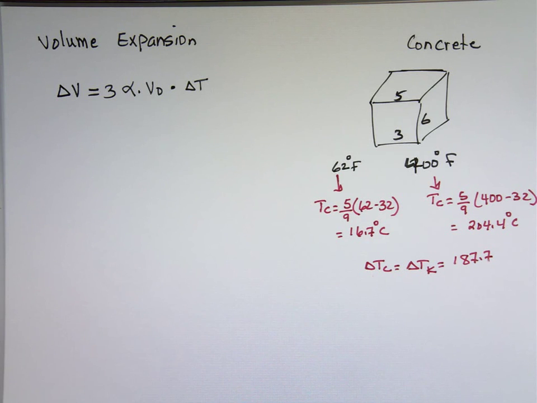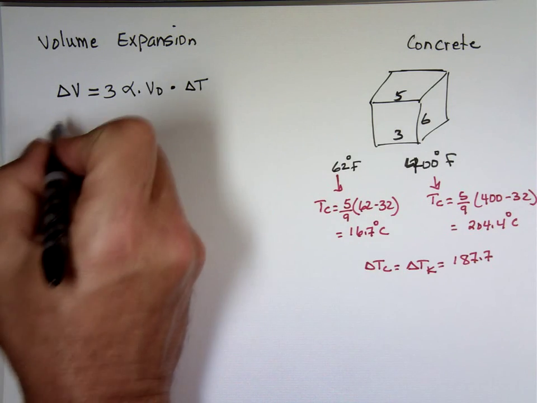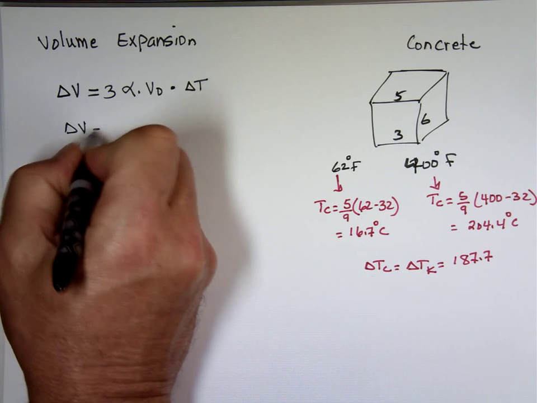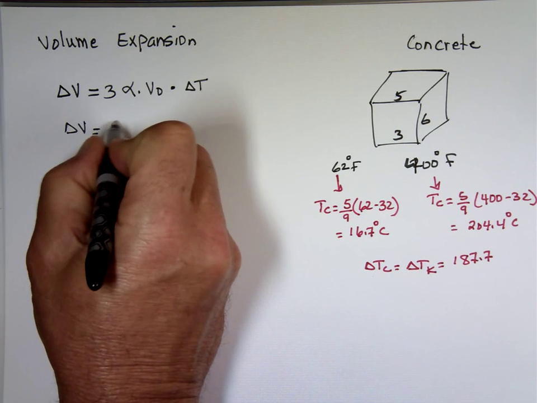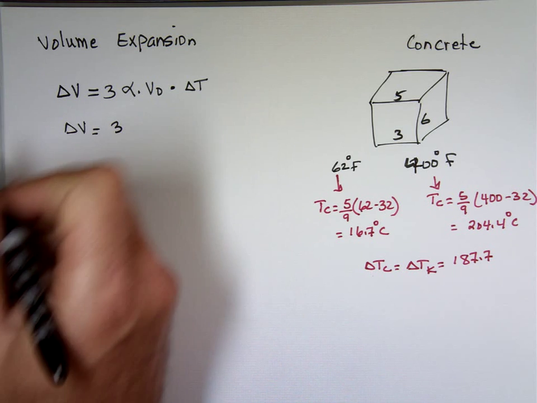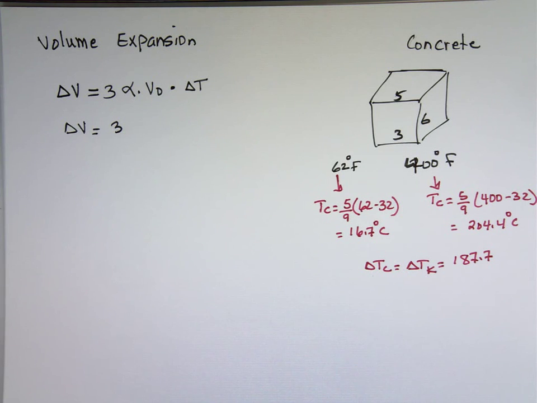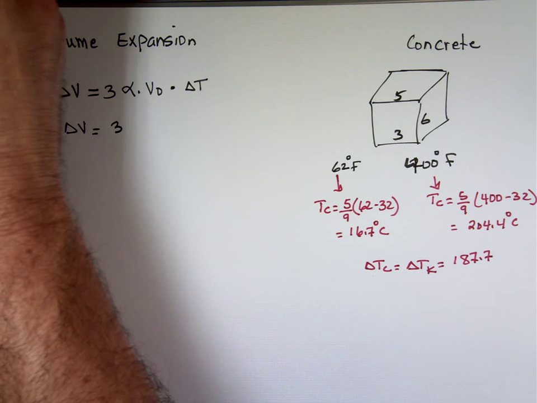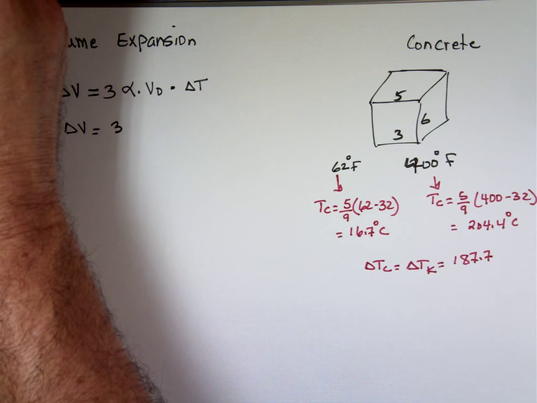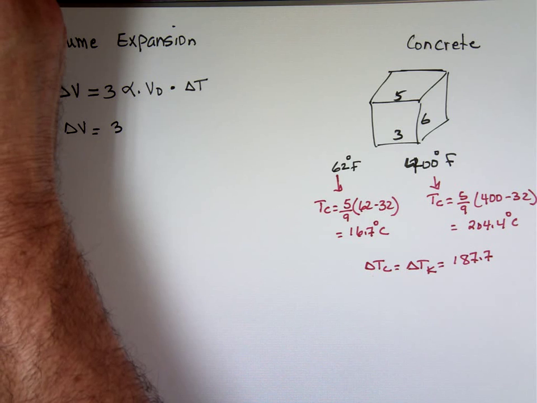So what is the change in volume? Let's say this is feet. Three times, let me find alpha for concrete. For concrete it is 12 times 10 to the negative 6.